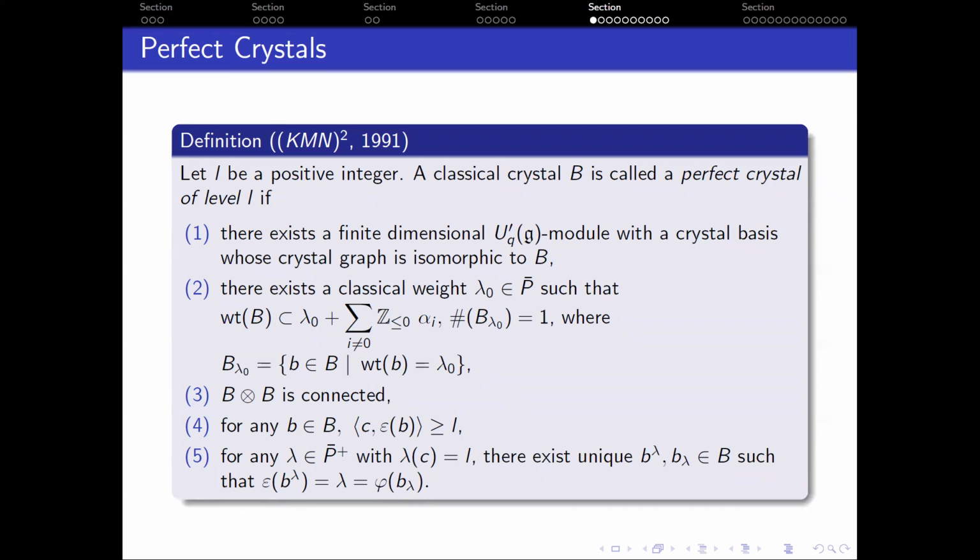He noticed that indeed, in order for it to admit the crystal structure, the representation has to satisfy certain conditions. And this led us to the definition of so-called perfect crystals, to give realization of affine crystals.